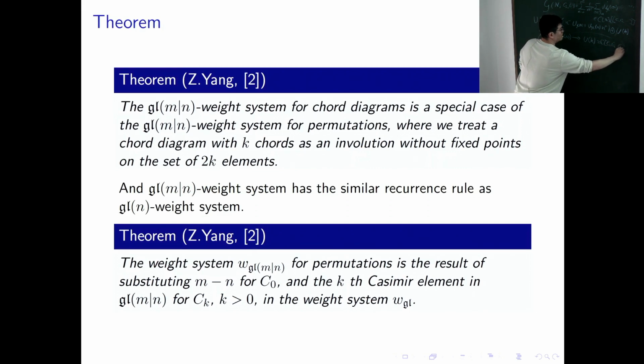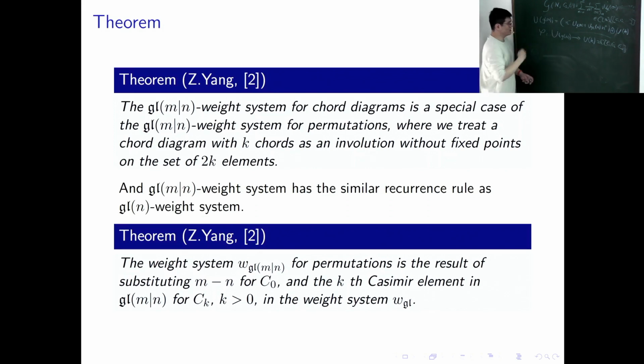There you get this Harish-Chandra projection. And if you restrict this projection to the center of the universal enveloping algebra, it actually gives an isomorphism.